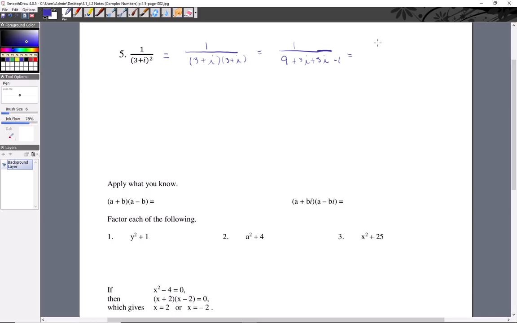So that'll be 1 over 9 minus 1 is 8 plus 6i squared. All right? So from here, we're going to have to rationalize that denominator. So we'll just get the conjugate. Ooh, hang on. Let me just make sure. I want to fix this.